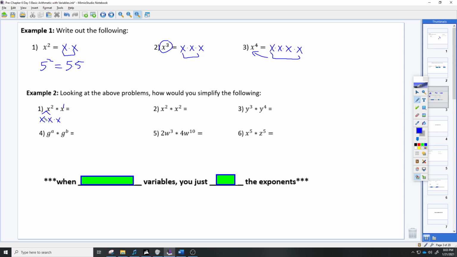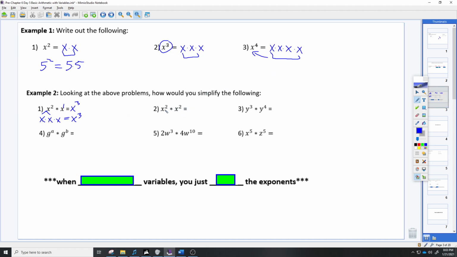So x times x is x squared, and then we also have an extra one over here. So what do we have now? There's 1, 2, 3 of them. It looks very similar to example number 2 up here, so that's the same thing as x to the third. X squared times x is actually x to the third. I just wrote it out to show the work down below.